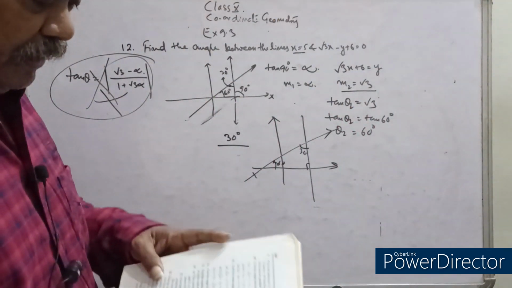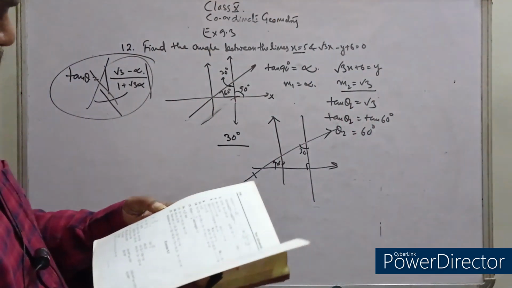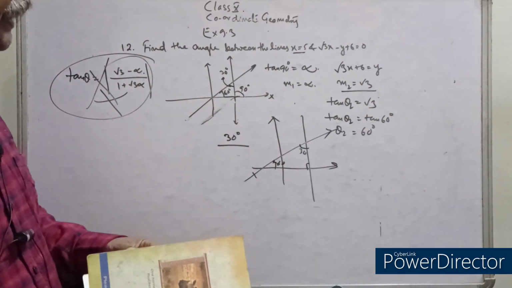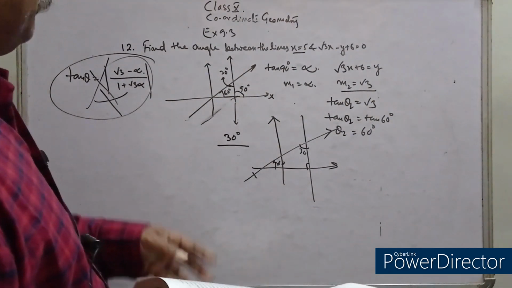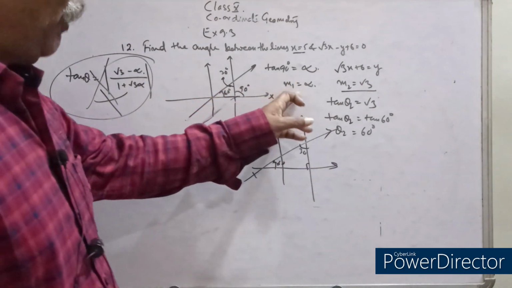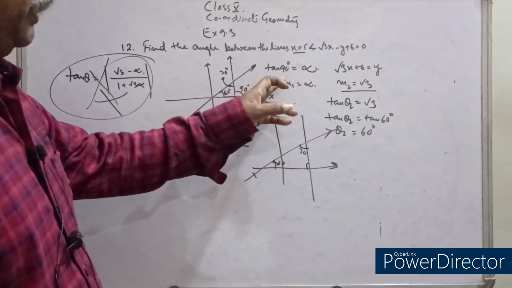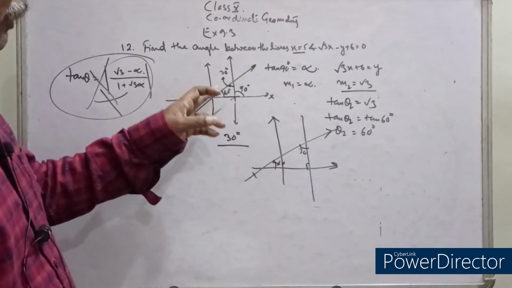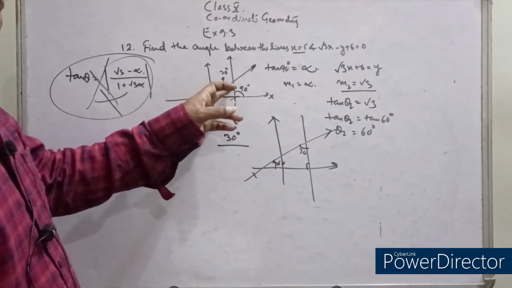So let me check the answer here. Exercise 9.3, question number 12, it is 30 degree. So in this way you have to solve it. You have to draw this graph, you have to find out the angle of inclination in both these two straight lines, and then you will be able to find out the angle between the two lines.